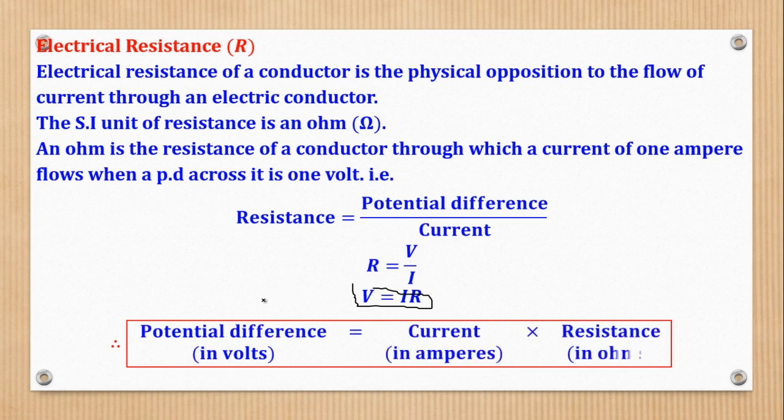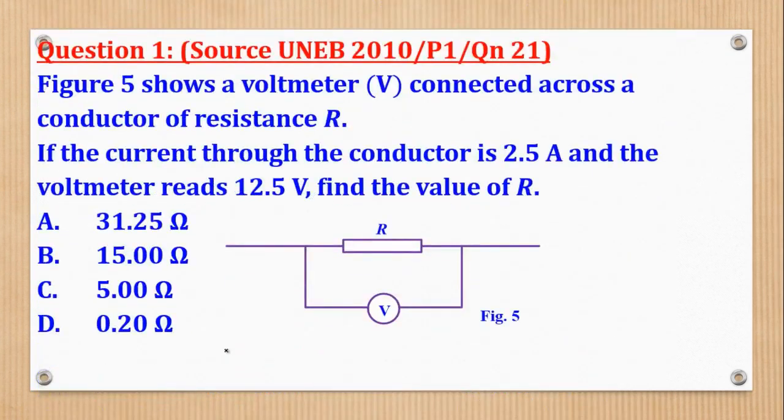So you can remember that if potential difference is in volts and current is in amperes and resistance is in ohms, it implies that potential difference is equal to current times resistance. So that expression is very vital. Now let's go through some of the questions so that we can easily master the expression.